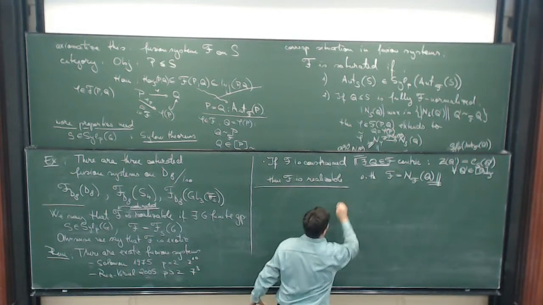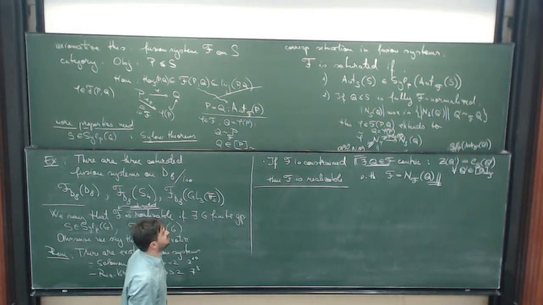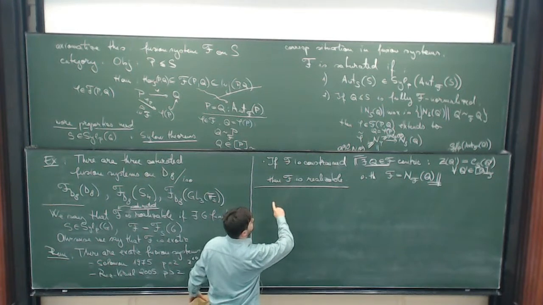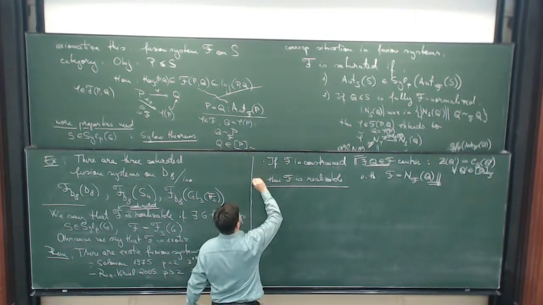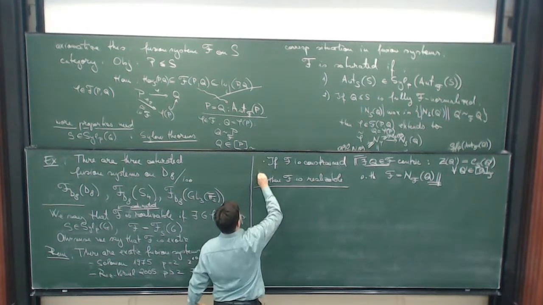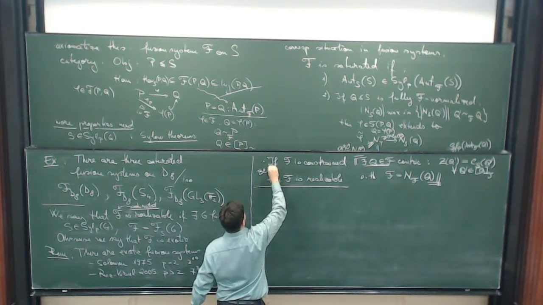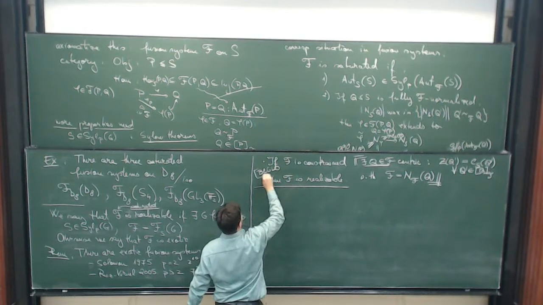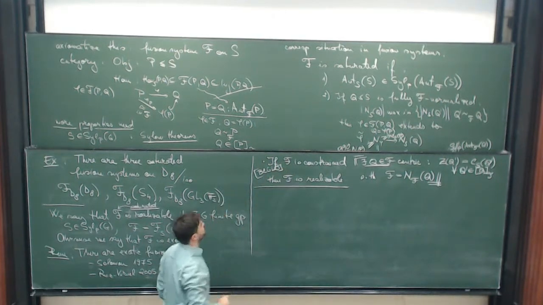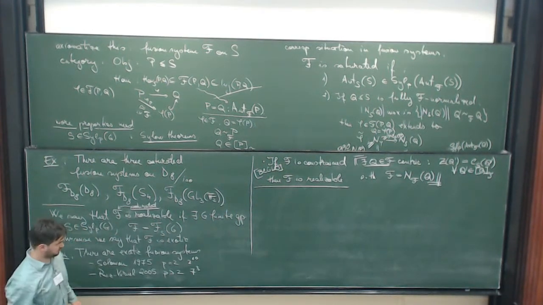This is a result of BCGLO, which goes by Broto, Castellana, Grodal, Levi, and Oliver.